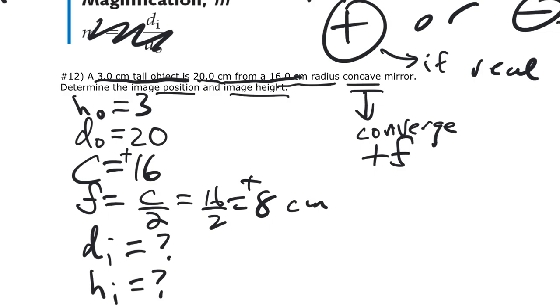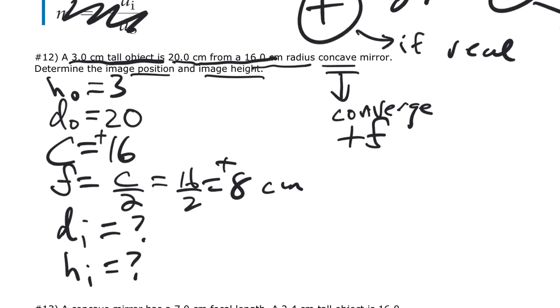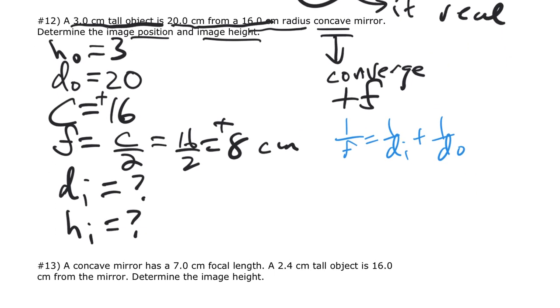I'm going to find di first. So 1 over f equals 1 over di plus 1 over do. So plug in numbers: 1 over 8 equals 1 over di plus 1 over 20. By the way, do is always going to be positive for our problems.